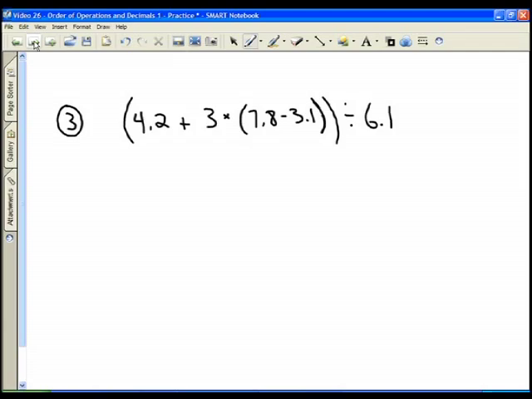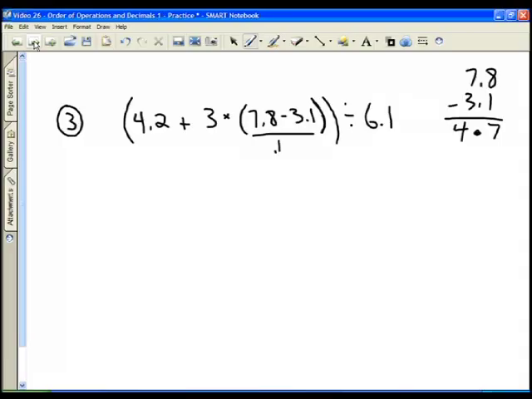And the last problem, I now have a double set of brackets. So if I have a double set of brackets, I have to make sure that I do the inside bracket first. So 7.8 minus 3.1, 8 minus 1 is 7, and 7 minus 3 is 4.